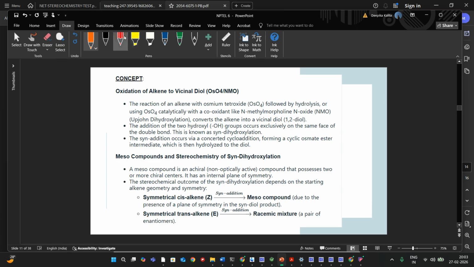That is, suppose this is the alkene you are having, upon which osmium tetroxide is going to act.